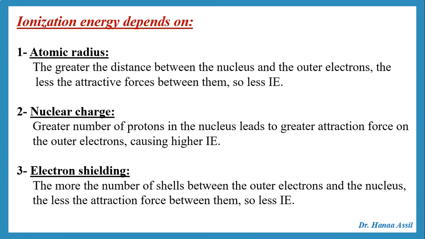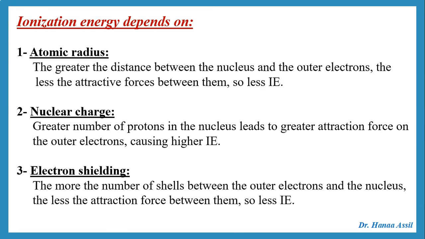So, ionization energy depends on what? Well, it depends on several factors. It depends on the atomic radius. Of course, if the electron I'm removing is further away from the nucleus, then there is less attraction force between that electron and the nucleus, so it is more easily removed.